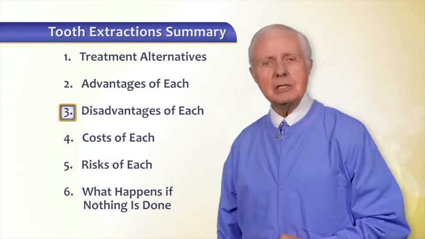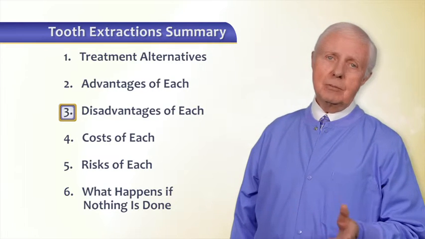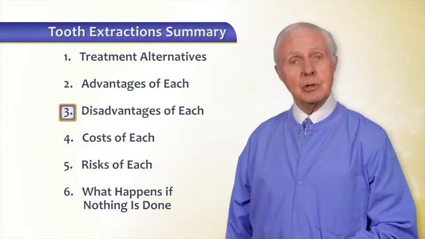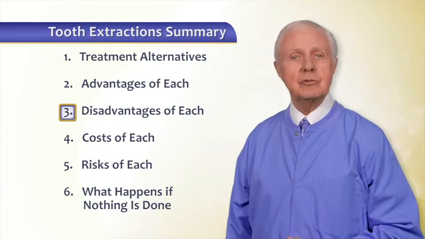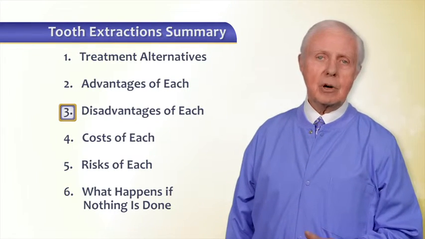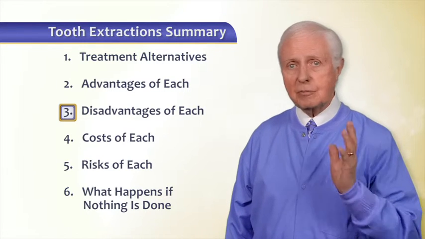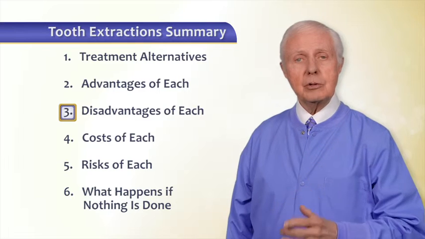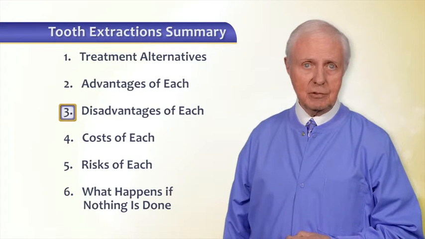The disadvantages of removing teeth: bone shrinkage is the primary one, and therefore to build you back to aesthetic and to functional capability requires either grafting or some type of denture-like thing to allow you to have adequate aesthetics and function again.